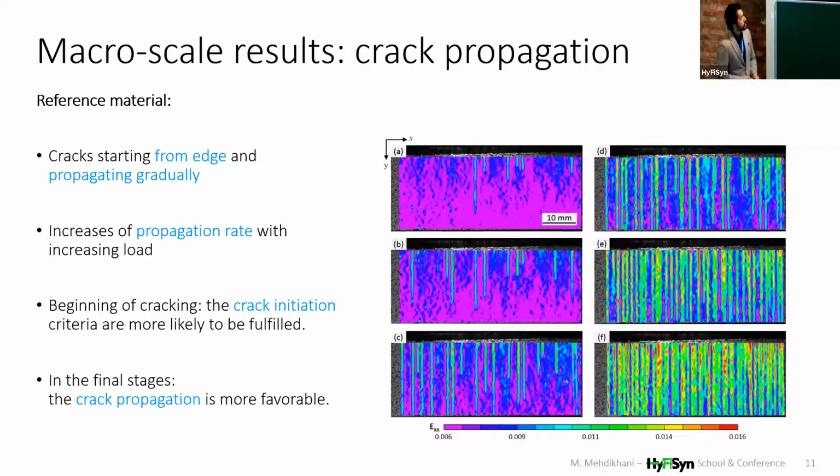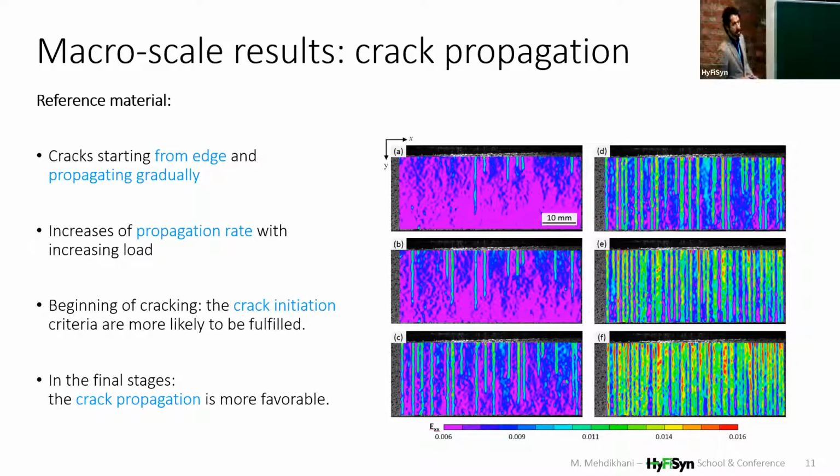We can look at some of the results. As you can see, in the first stages there are a few cracks starting at the edge, and proceeding with the loading, we see that the cracks span through, and at some point they somehow reach a saturation level.